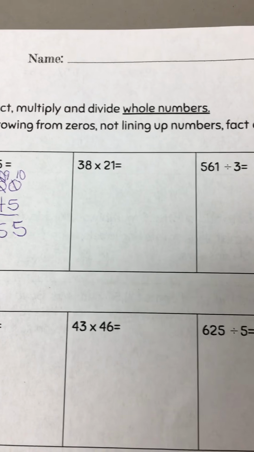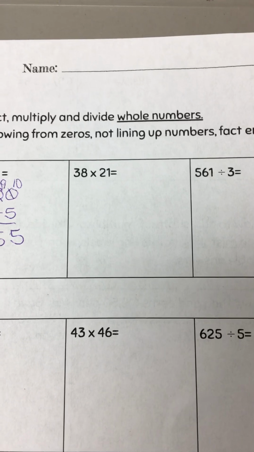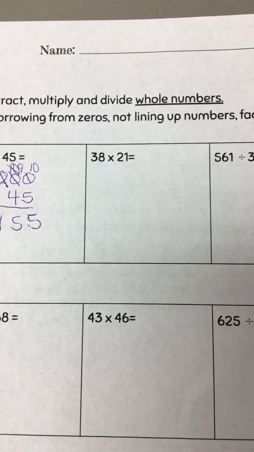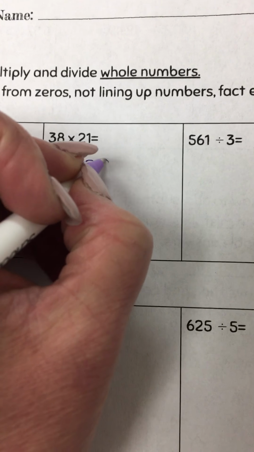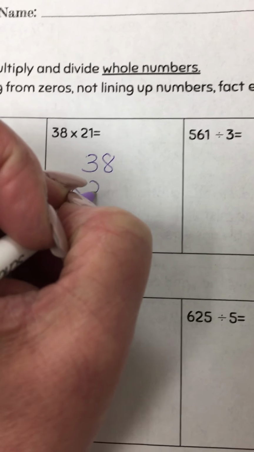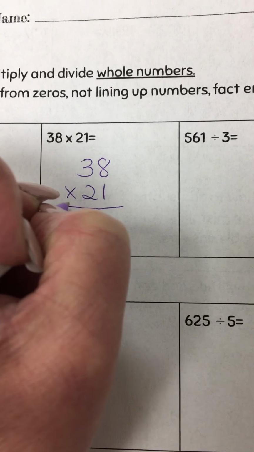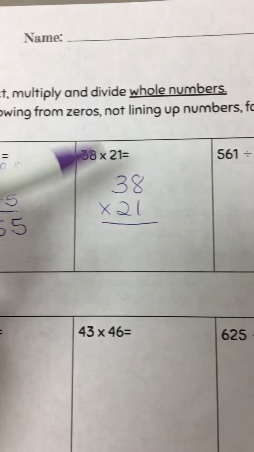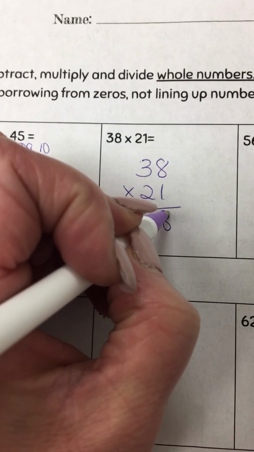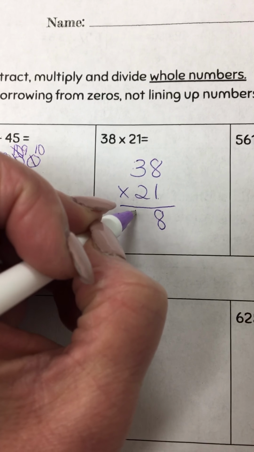The next thing I need to know is to make sure that I understand how to multiply whole numbers. So I'm going to line my numbers up, and I have 38 times 21, and I'm going to multiply 8 times 1, and I get 8. 1 times 3 is 3.